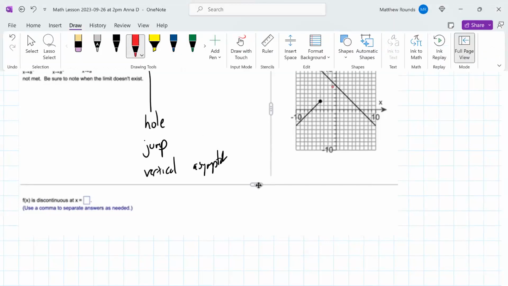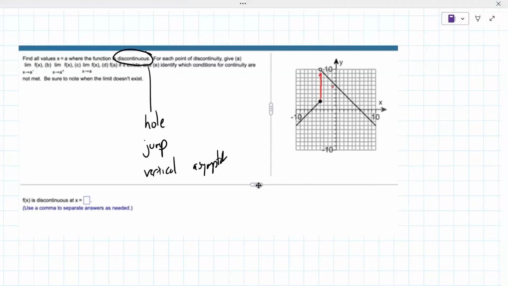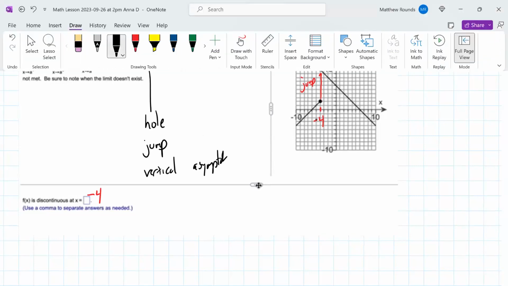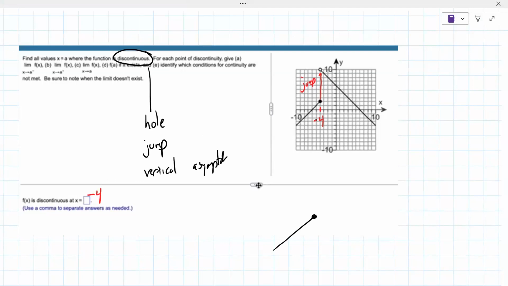So this from here to here is considered a jump, and the x value there is -4. Everywhere else it looks great. So that is our only place where there's an issue. You can also think of it as, can you draw it without lifting up your pencil? I had to lift it up, and then I don't have to lift it up.